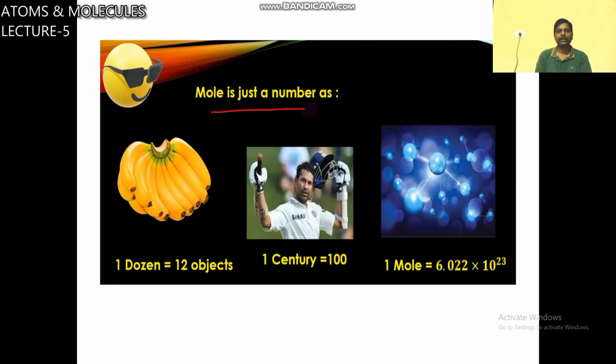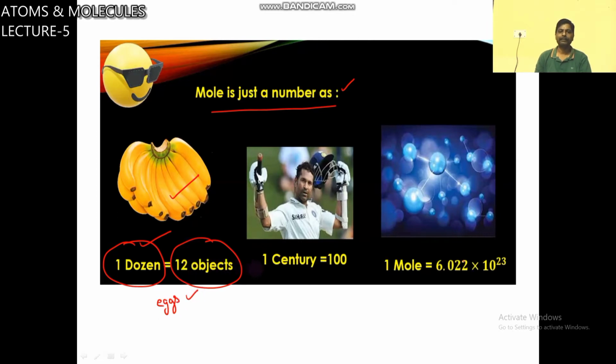Mole is just a number. What is a dozen? For 12 objects, we are using 1 dozen: 1 dozen bananas, 1 dozen eggs.